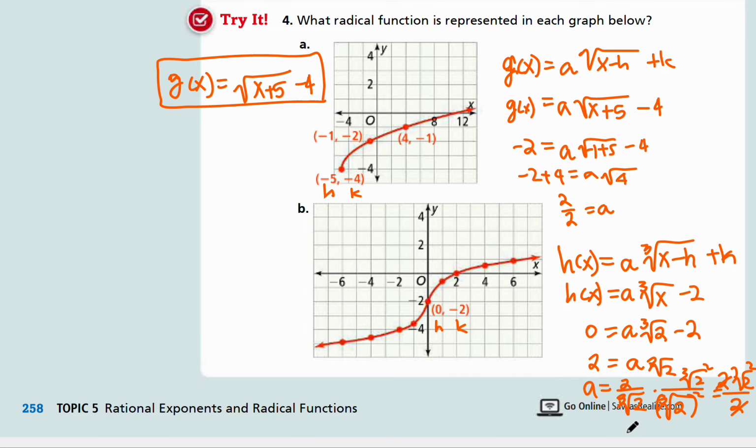So really you have cube root of 2 squared, which is cube root of 4. So a is cube root of 4, so your equation is going to be cube root of 4 times the cube root of x, minus 2. Yeah, and you can just put it in there as well.